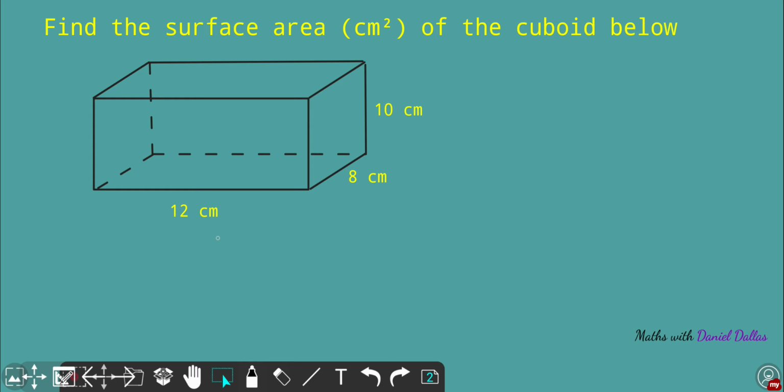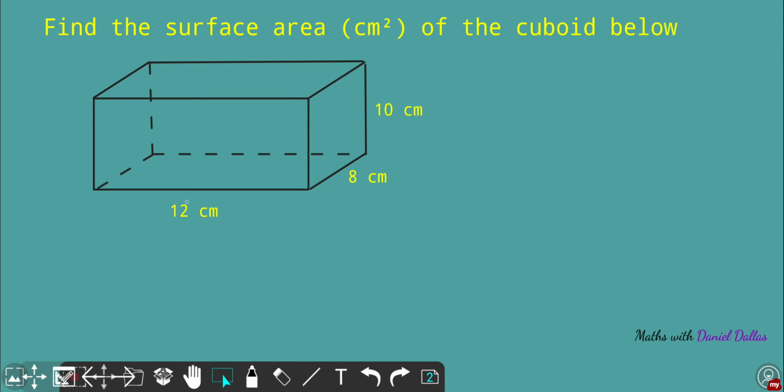However, there might be questions where you have a container represented by a cuboid which doesn't have the top one. The lid is taken away, so in this case you will have 5 faces. So be careful about that, and make sure you have a proper look at the conditions of the problems.